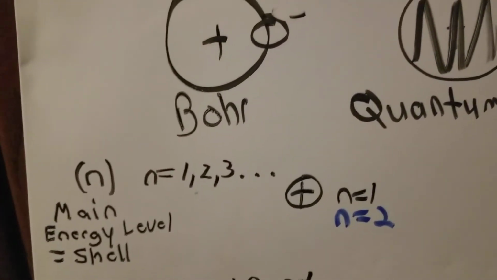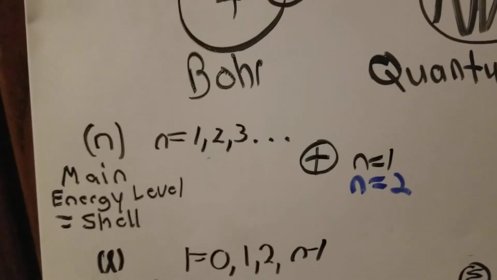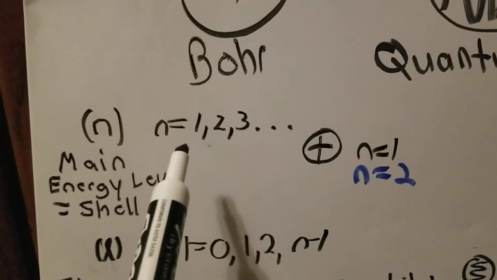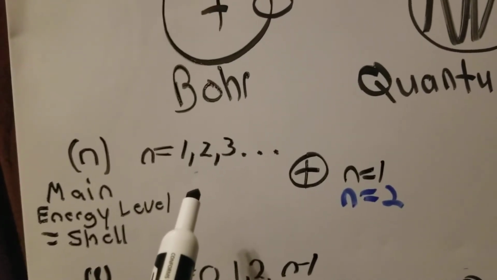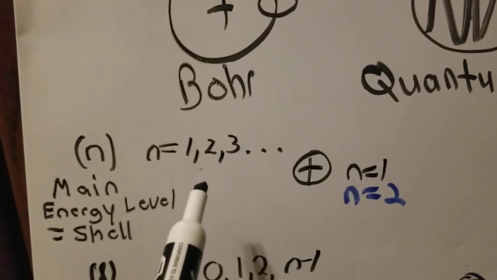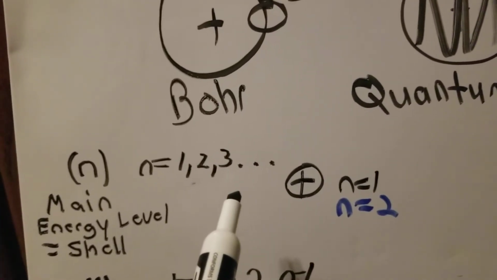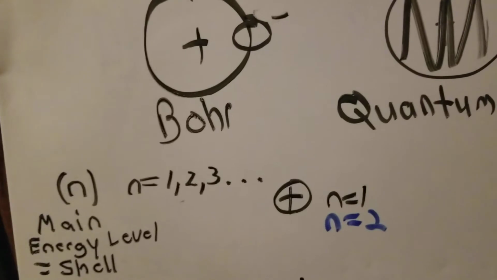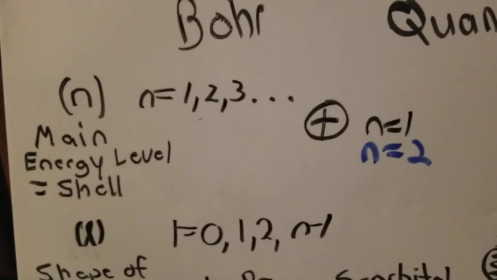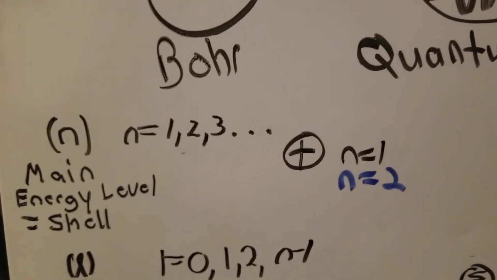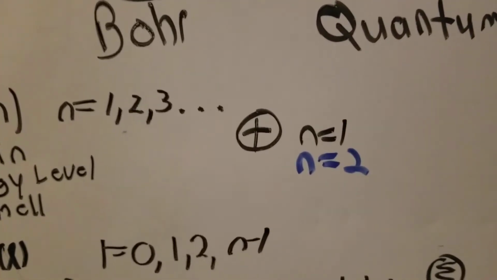And as the energy level increases, so does the distance from the nucleus, and therefore the energy of the atom. So when we talk about the energy level of the atom, we might designate this shell as n equals 1.